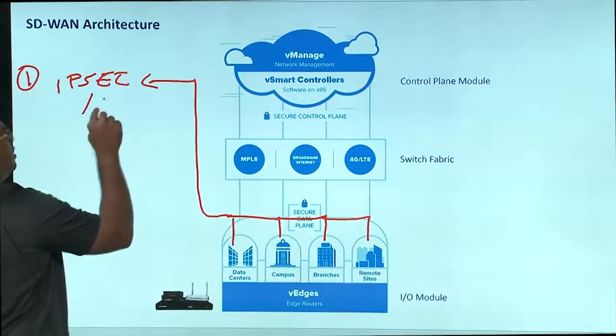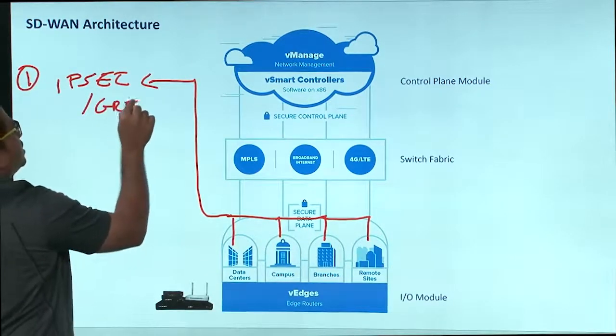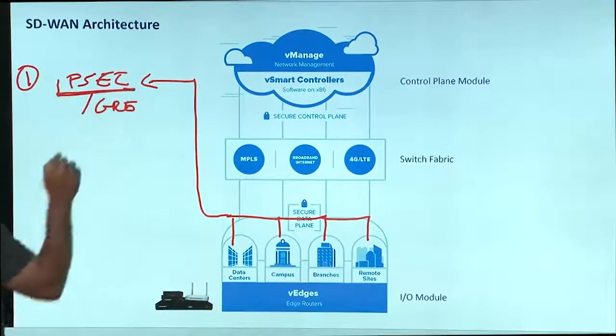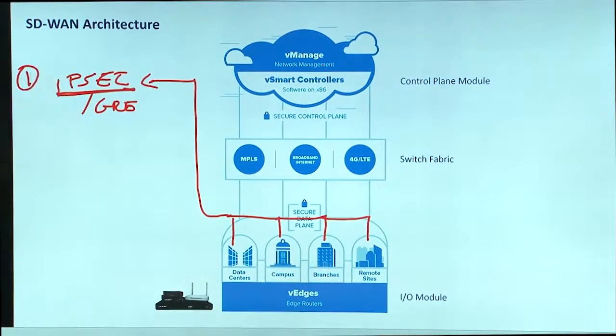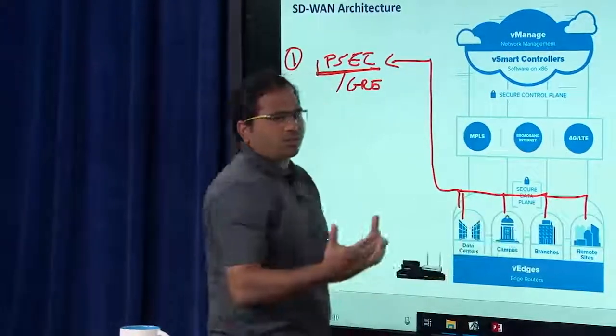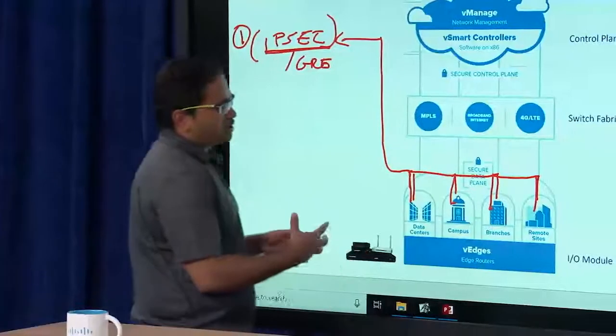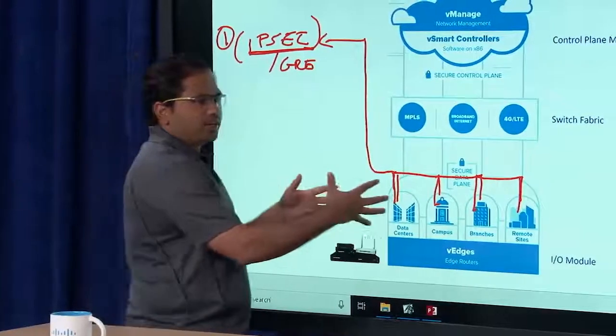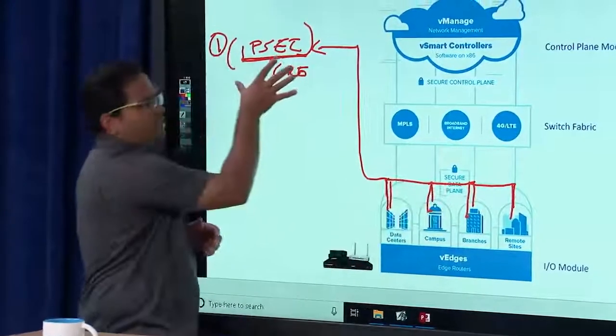We could also use GRE, but essentially what we use in our data plane is IPsec to connect all the edges to each other. So essentially, the SD-WAN architecture in Cisco is going to bring your data plane up in a full mesh topology using IPsec tunnels.